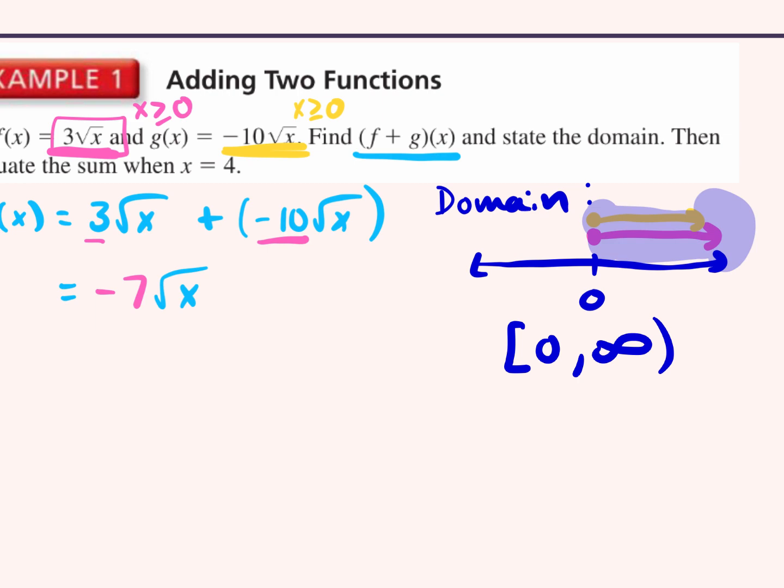Remember, the infinity sign gets a parentheses always. 0's included in both of them, so 0 gets a bracket. So the bracket means that it's included.